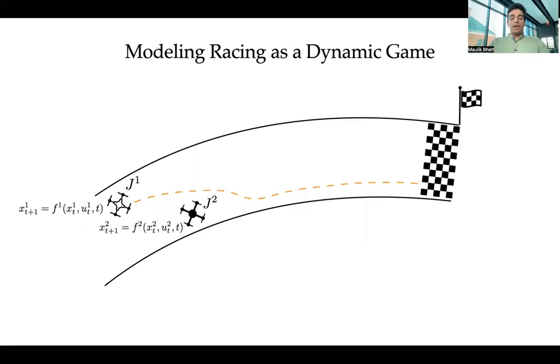These objectives are the ones which capture agents' behaviors. Furthermore, each agent has to satisfy some safety constraints, such as not going out of the racetrack, not colliding with other agents, and finishing the race. All these constraints are captured by the safety constraints, which are denoted by G.